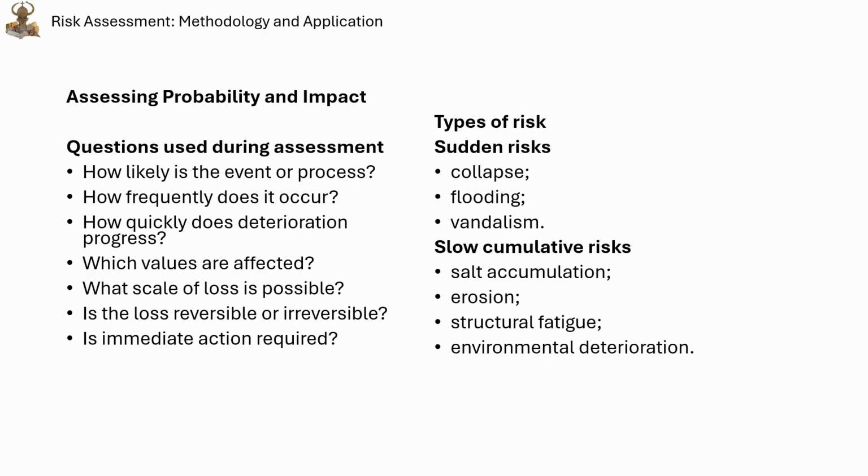Collapse after heavy rain may be sudden, but salt accumulation may act slowly over years, progressively weakening material. Slow risks are especially dangerous because they may become normalized and ignored. The assessment must therefore consider both speed and cumulative effect.